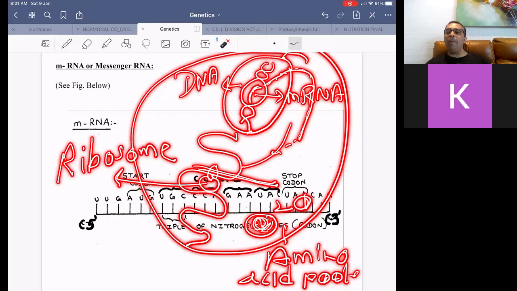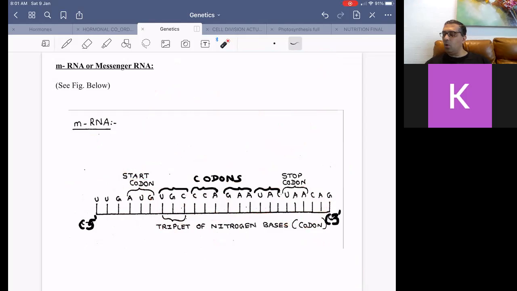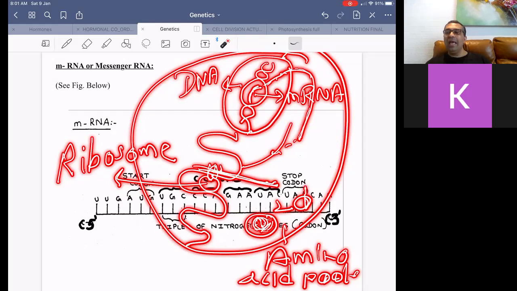You had done that in biomolecules: methionine, arginine, lysine, serine, histidine, glutamic acid, aspartic acid, valine, isoleucine, etc. 20 types of amino acids are there, and the mRNA has triplets called codons.